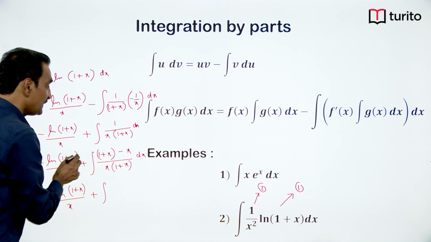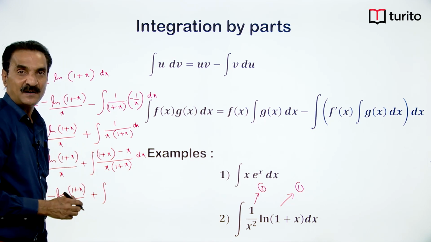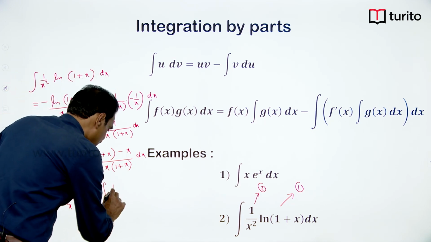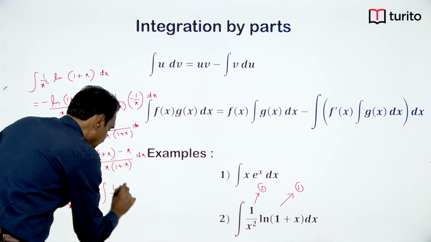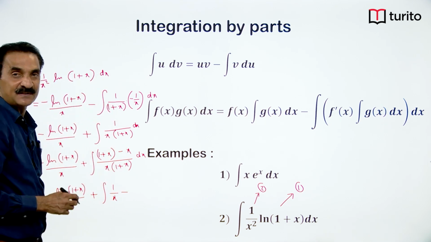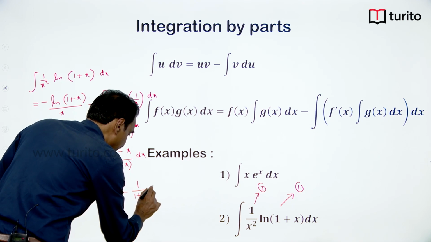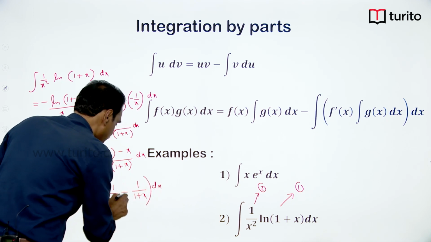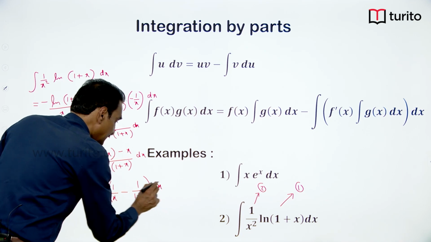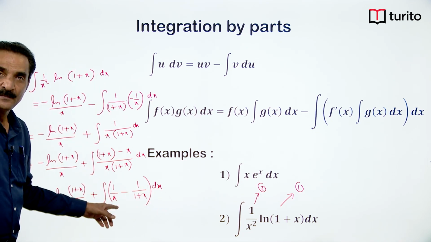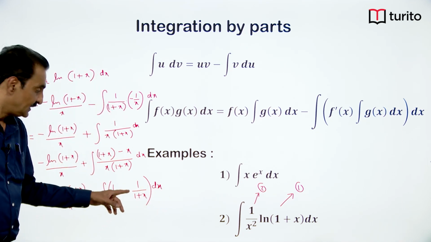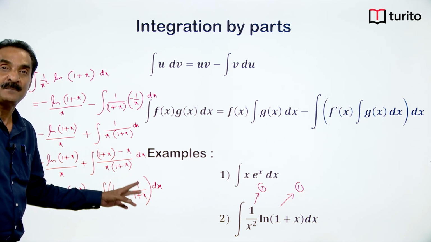plus integral 1 plus x by x into 1 plus x is 1 by x minus x by x into 1 plus x is 1 by 1 plus x dx. What is the integral of 1 by x? Ln x. Integral of 1 by 1 plus x, ln 1 plus x.